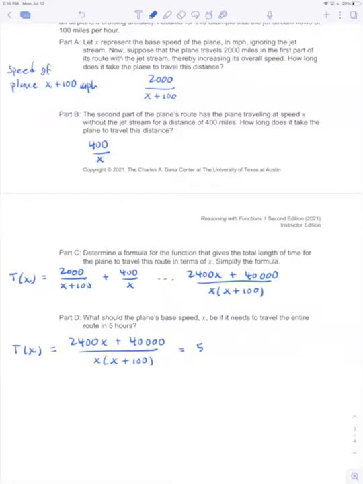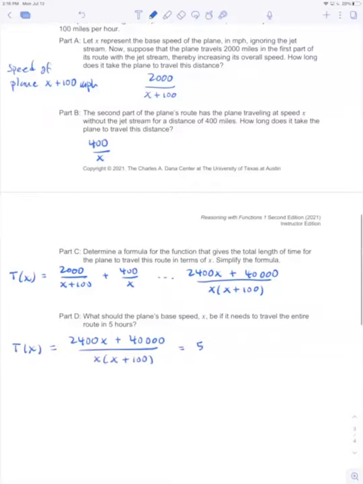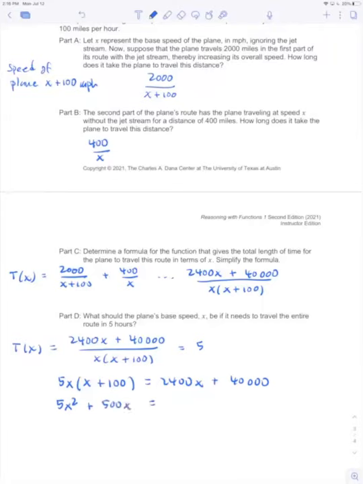If we cross multiply, we would end up with 5x times x plus 100 equals 2400x plus 40,000, which would be 5x squared plus 500x equals 2400x plus 40,000. And then I'm just going to set this equal to 0.